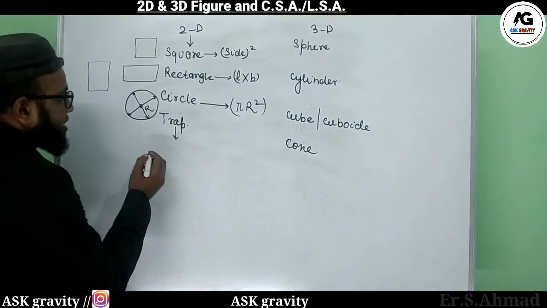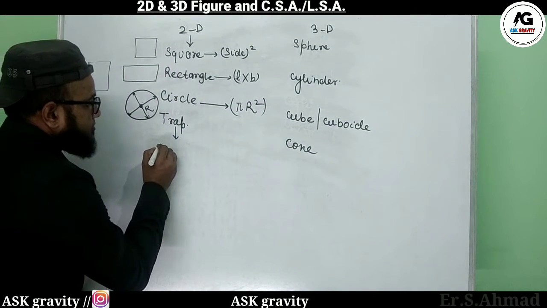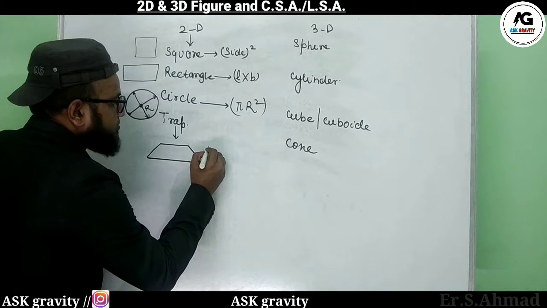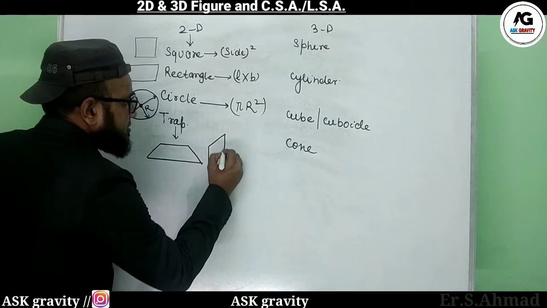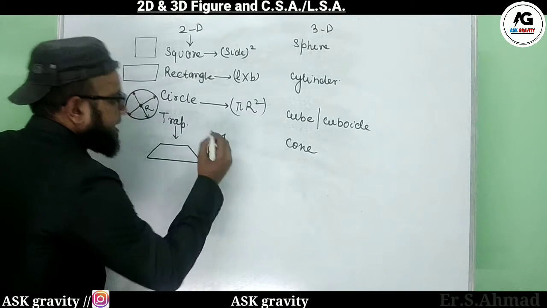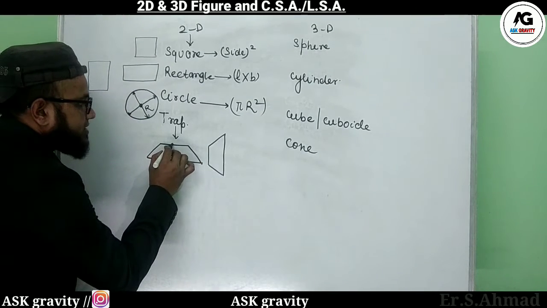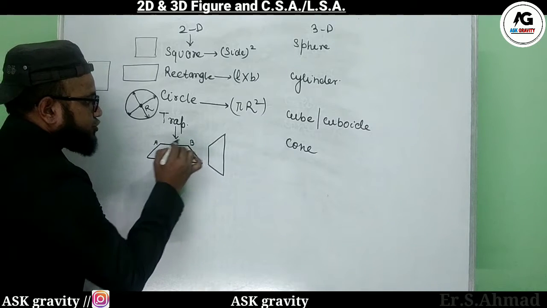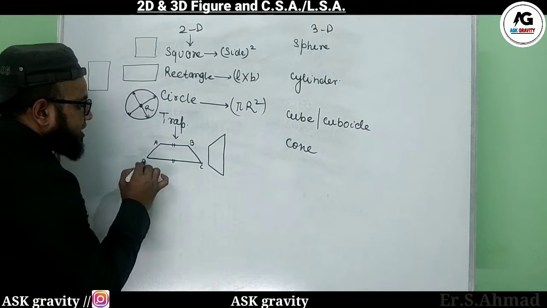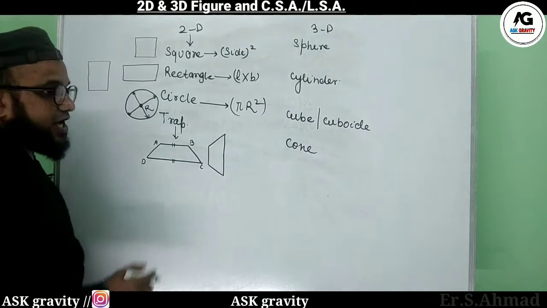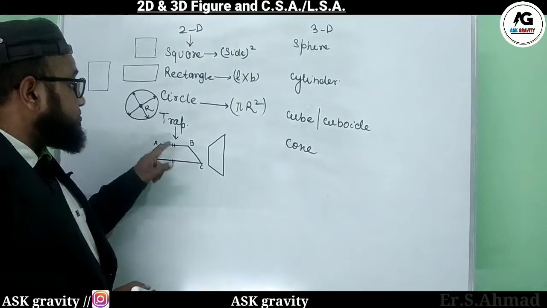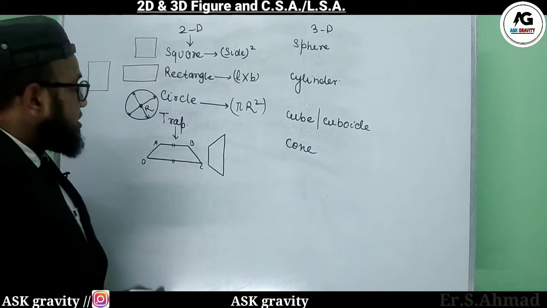The figure may look like this, or like this, or any other format. Taking an example of points A to B and C to D, A B and C D are parallel in the trapezium. That is the condition of a trapezium.